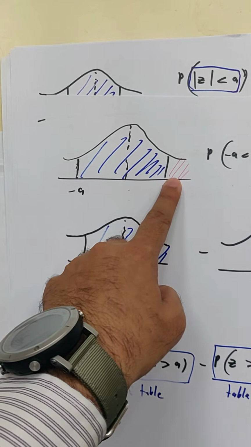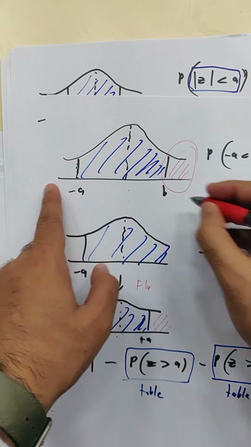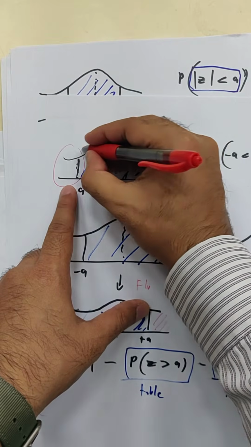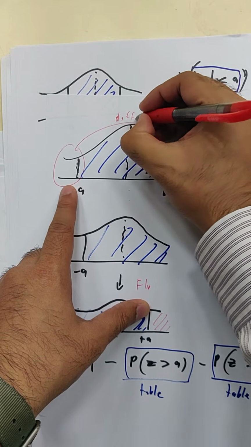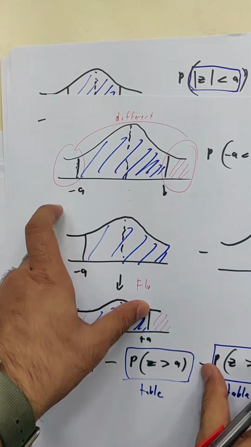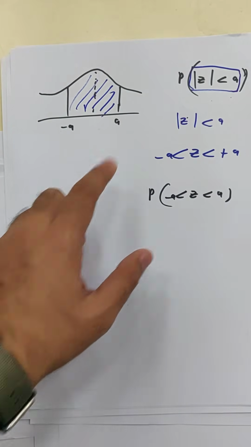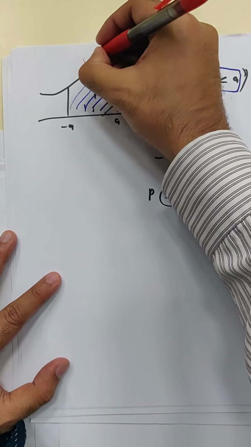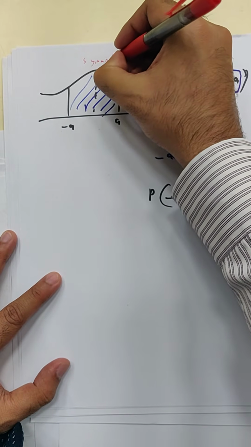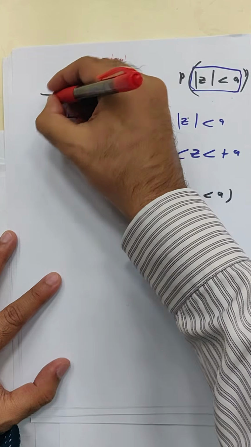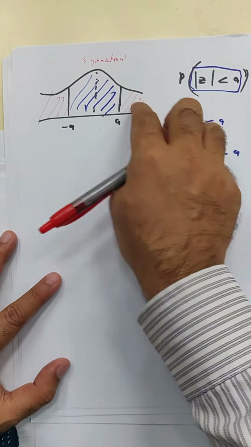Right? The right side here is different from this side here. But for this case, since it's negative A and A, they are symmetrical left and right. So this value here is the same.